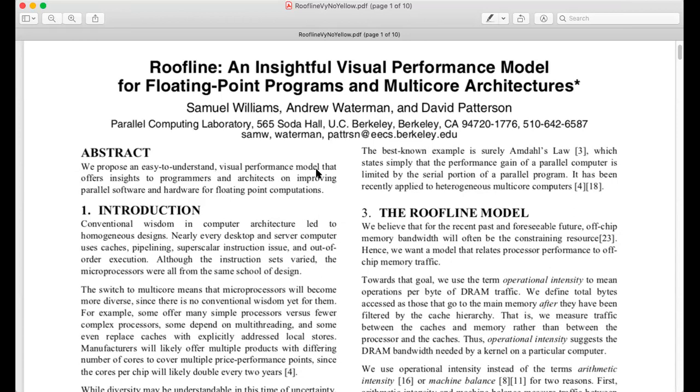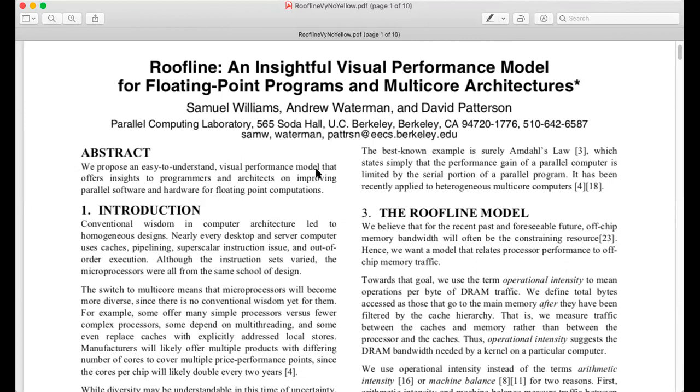Amdahl's law, which we studied in the last class, is just one very minor tool that tells us the best-case speedup you can get. But we can do a more detailed analysis. Number one, what is the peak performance that is possible?